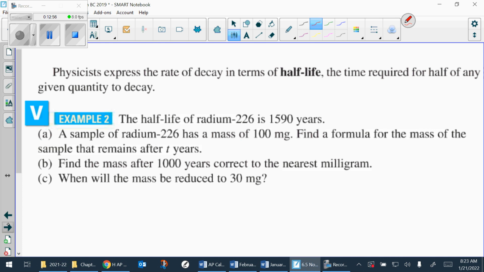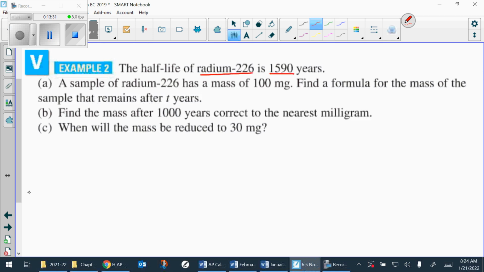Usually this is some type of radioactive substance, and it loses half of its radioactivity in a certain number of years. And this just keeps getting cut in half and cut in half and cut in half, which means it never loses it totally. So, half-life of radium-226, 1,590 years.